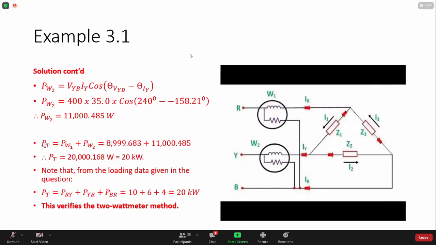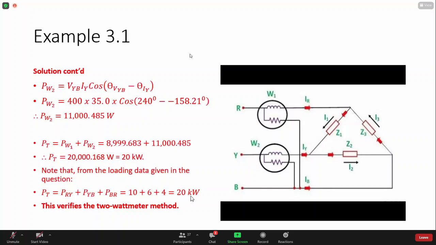All right. The total power in this circuit is then the sum of each wattmeter reading, in watts. And this is a verification of the phase value of the load in each phase, right? We know that this was 10, this was 6, and this was 4. If you add up all of them, you get the 20.